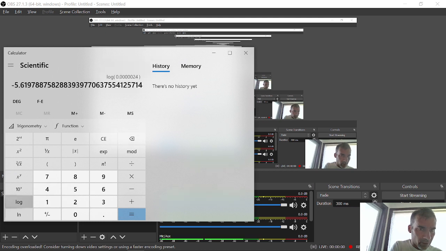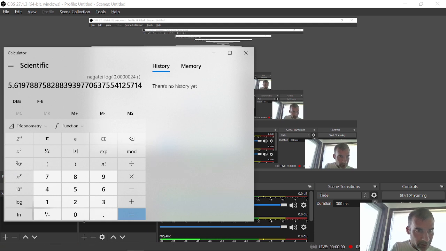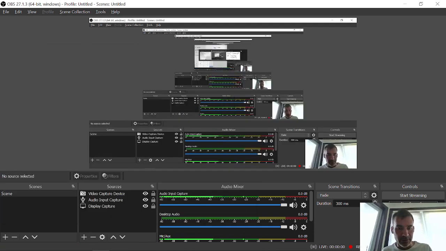I'm going to find the log of that. It gives me negative 5.6, and then I'm going to make that a negative, which gives me 5.6.